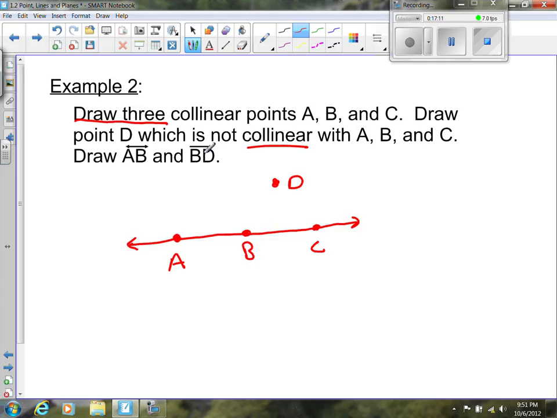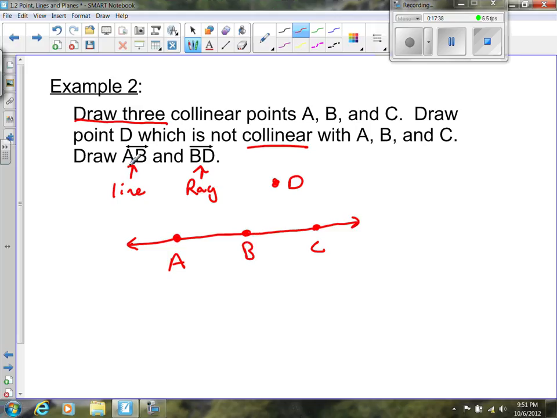And then they want me to draw a ray. Notice this is a ray. This is a line. Maybe I'll over-explain this, but it's important. Notice the notation. That's a line. That's a ray. Now, notice there are more than 3 points on this line. How many points do we need to label the line?